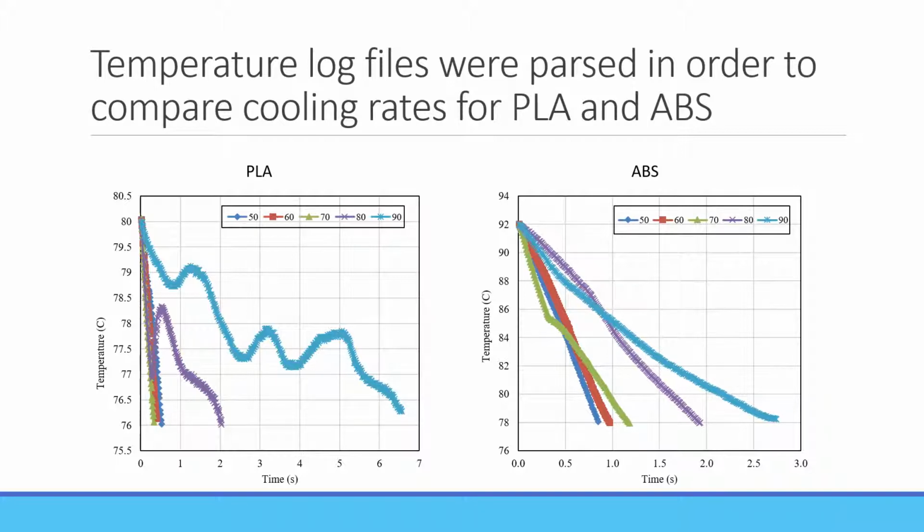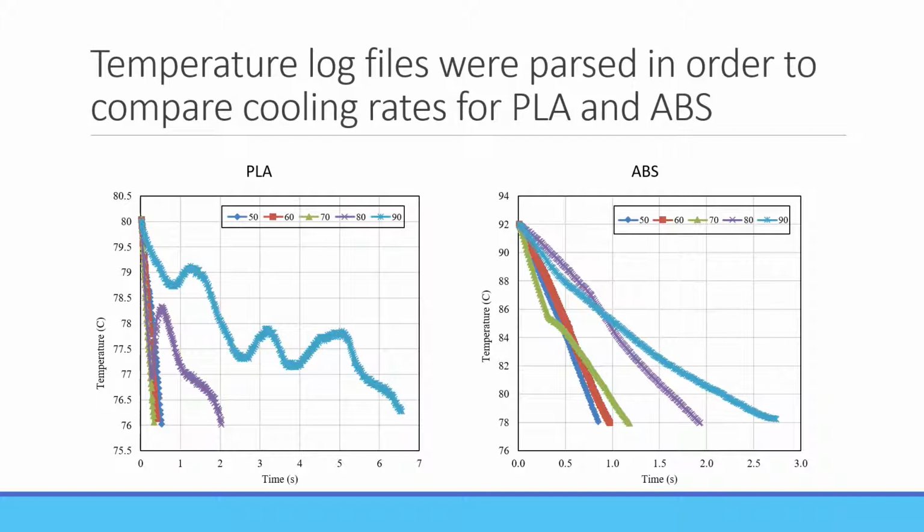Now, the difficulty came because the ranges for polylactic acid, the PLA filament, were so small because at the lower bed temperatures, the cooling would occur too quickly to pick up on the thermocouple. By the time I inserted the thermocouple and it registered, the temperature had already dropped significantly.